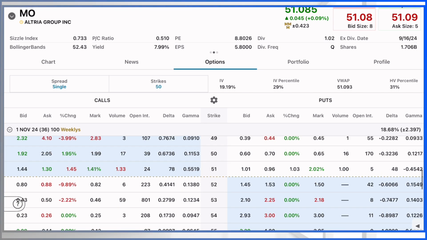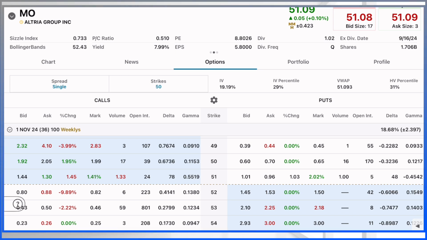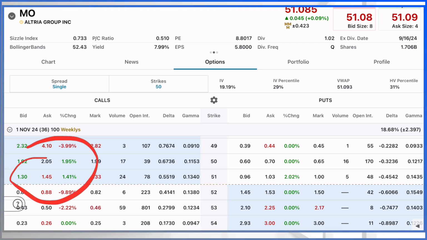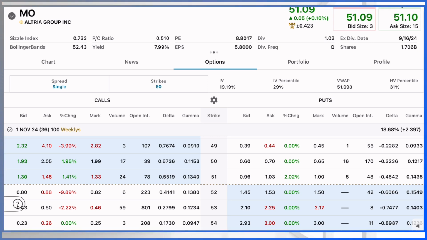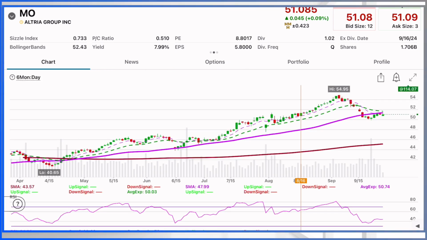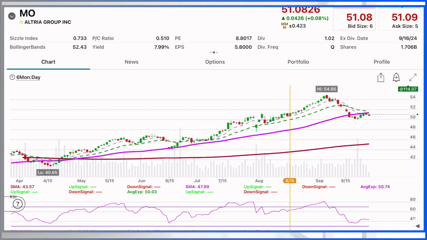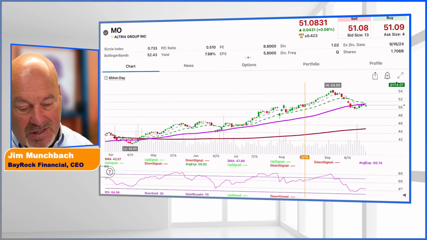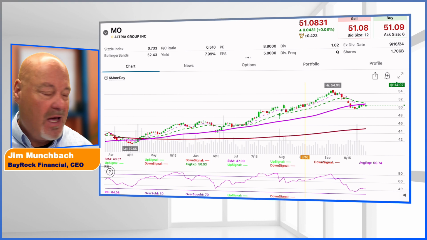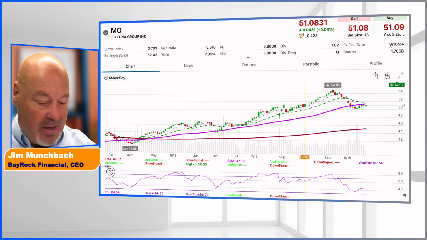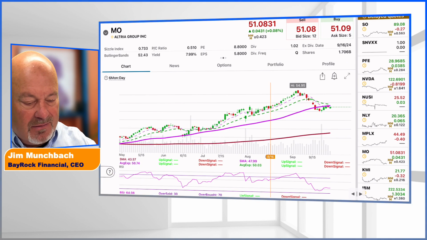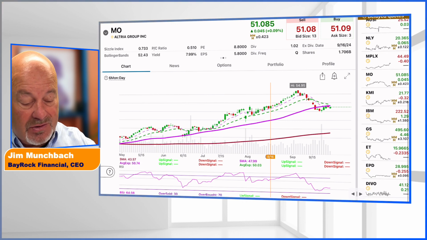So the premium that we would get on this trade, pretty decent trade. Again, if we go to the chart, do we really want to take a chance of selling a covered call on this stock when it was at 55 bucks just a couple weeks ago? And I say no, we don't want to do that. It's not a consistent pattern. It's not a stock that I would think we would want to mess with for this strategy.